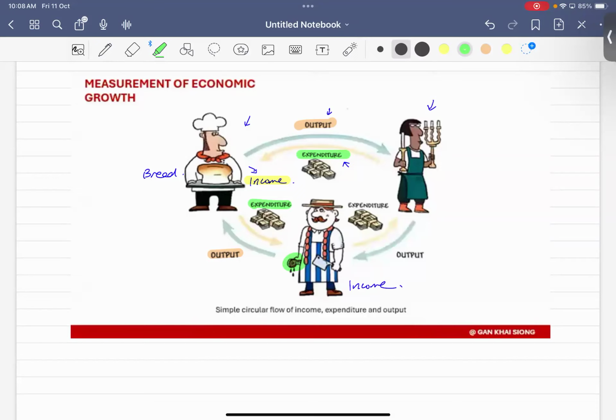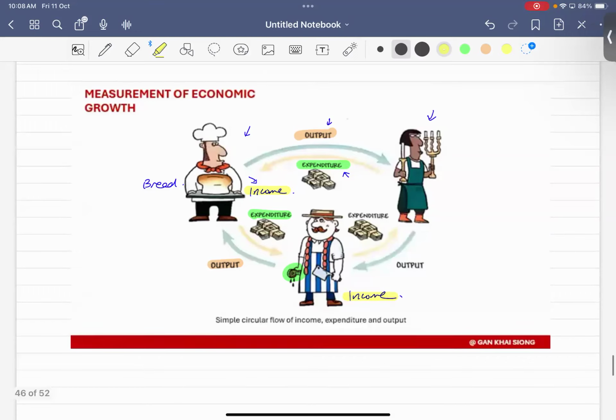Now let's say this guy over here would like to buy a candle from this lady. She will sell the candle, the output, to him, and he will use money to pay for the candle. Therefore, this lady will have the income.